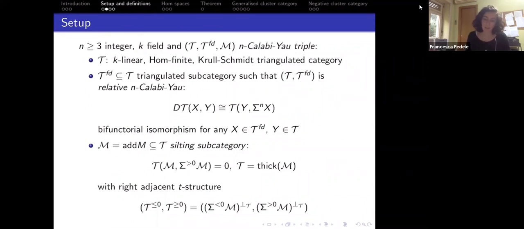It then also has a right adjacent t-structure, T^{≤0}, T^{≥0}, that consists of the right perp of the negative shifts of M and the right perp of the positive shifts of M. And these having finitely many indecomposables also guarantees that we have another set of t-structures with perp on the left instead of on the right.